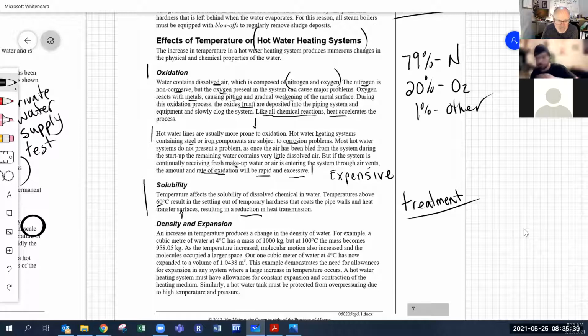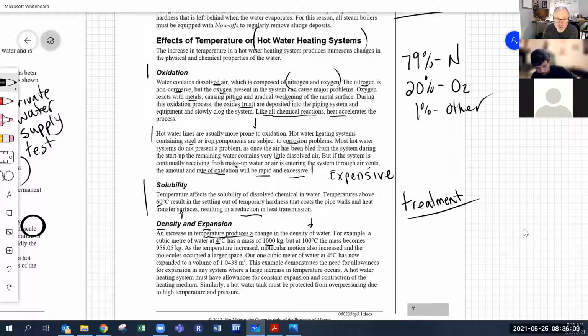Now, we get to density and expansion. So an increase in temperature produces a change in the density of the water, doesn't it? Because if it is warmer and those molecules are moving faster, it would be less dense, right? Remember, a cubic meter of water at 4 degrees C has a mass of 1,000 kg.